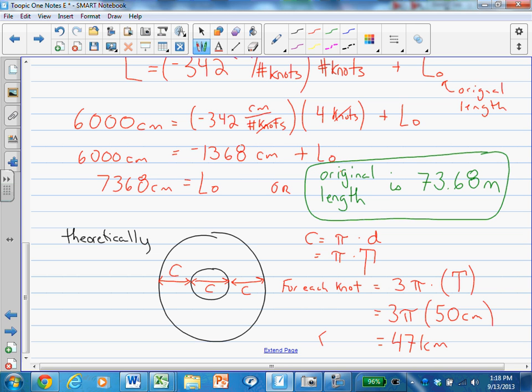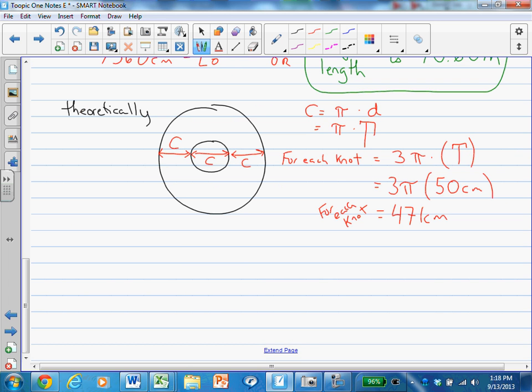So theoretically, we should lose 471 centimeters for each. Okay? Pi times t. That's a t. Kind of crazy looking. There you go. Does that look better? Not really.